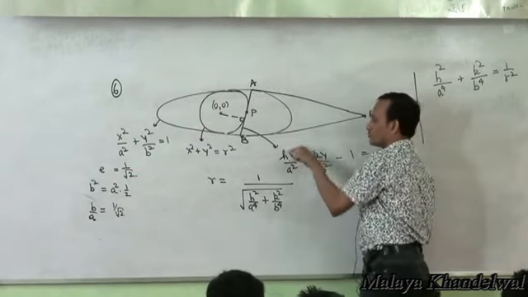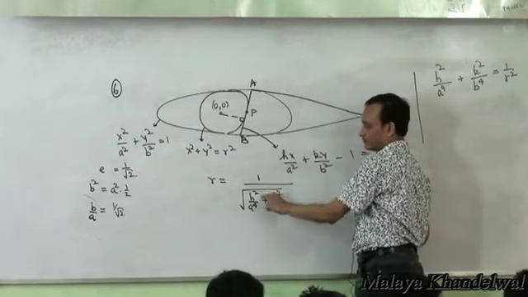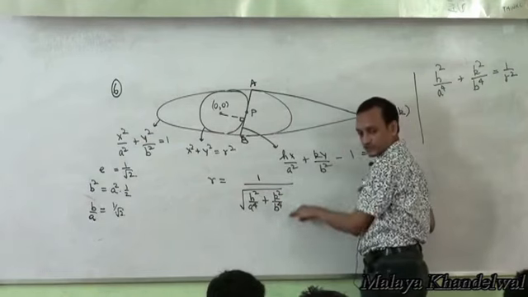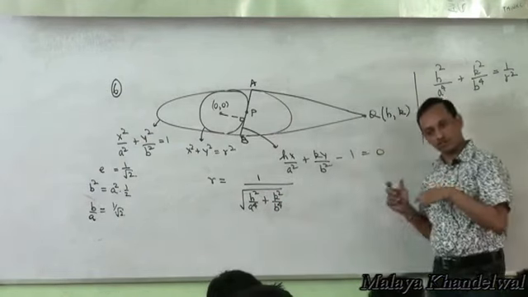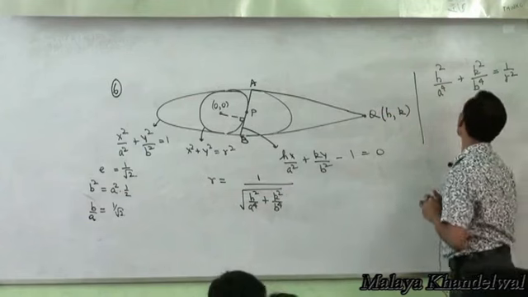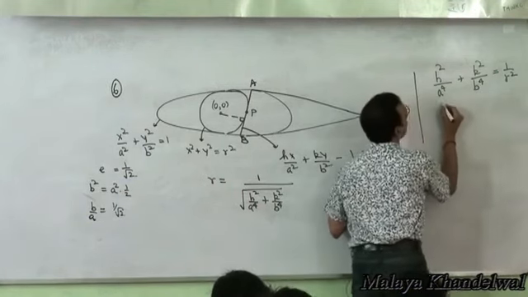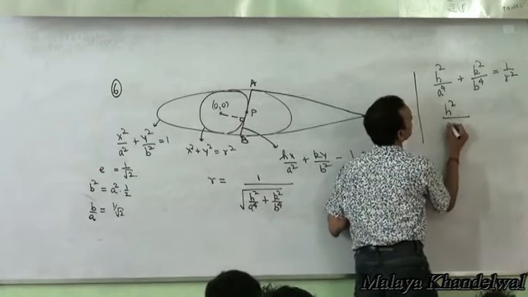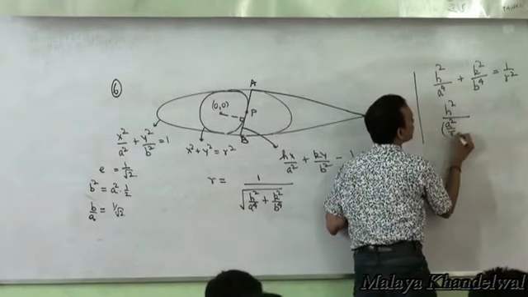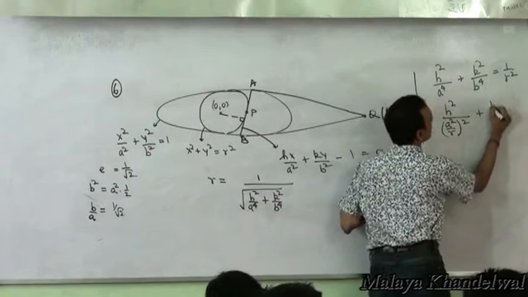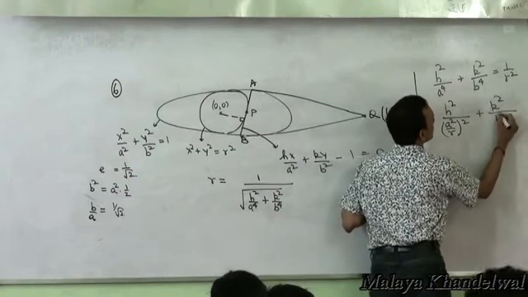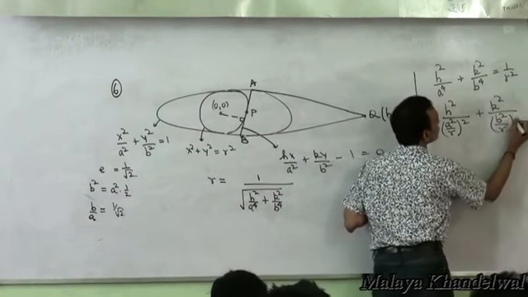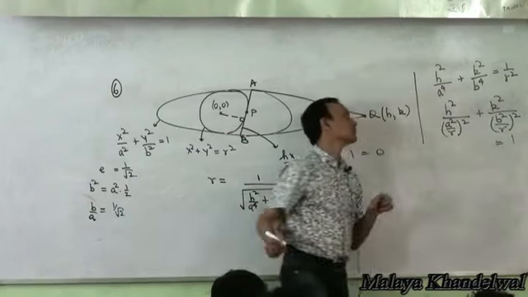So 1 divided by root of the coefficient of x squared, which is this, plus the coefficient of y squared, which is this. That's how you get the perpendicular distance of a point from a line, which I can jolly well write as h squared by a squared by r whole square plus k squared by b squared by r whole square equal to 1.